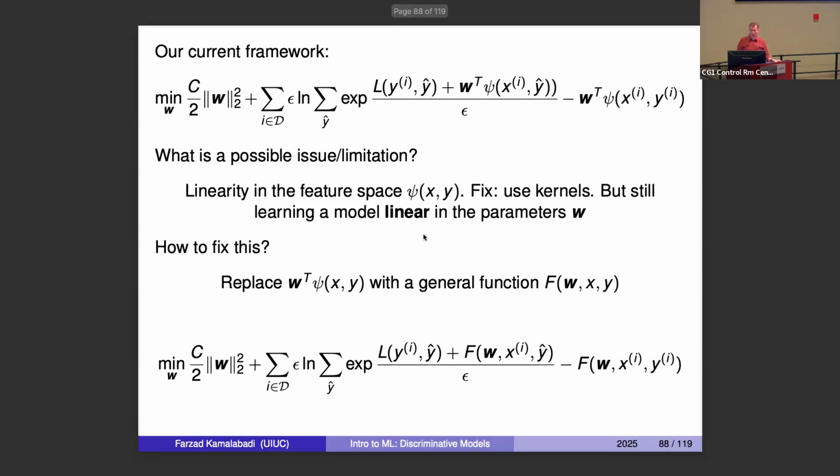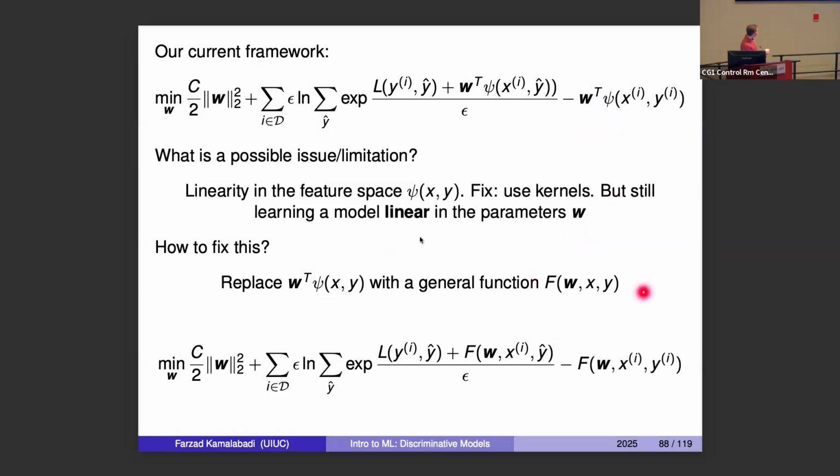Let me just briefly show you that in our current model, there is a possible issue and limitation that I just talked about, which is linearity in feature space. We fixed that using kernels, but still, we are learning a model that's linear in parameters W, as you can see in this expression over here. The idea behind deep nets is to replace this linear product of feature space with the weight.